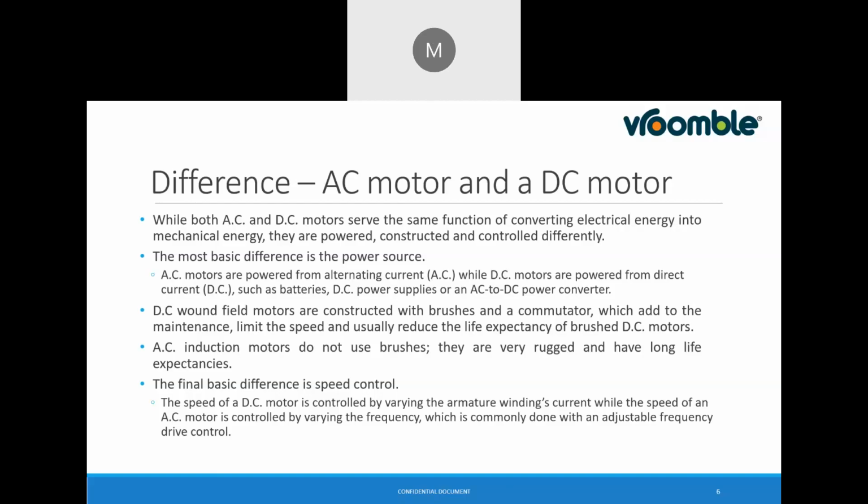So that is the main difference, right? In a DC motor you are controlling the current for the armature windings, whereas in an AC motor you are varying the frequency, which is controlled through the drive control.